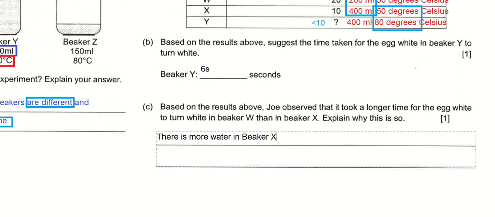Okay. So see, the claim is in the question, so you don't have to write that. This is your evidence. You look at the table, you look at the picture, you derive it from there. So why are you writing this down? That's the reason, isn't it? So when there is more water, the water in beaker X has more heat, right?